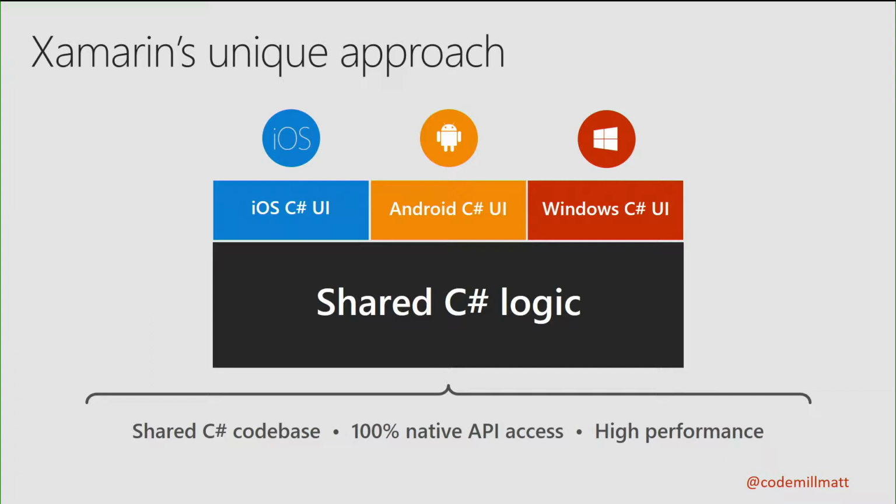Same thing over on Android and Windows. Not only that, it's a shared C# code base. The logic behind all those, things like when we're calling out to a database or a REST service, are all done in one code base, and they can be shared across all 3 platforms. And you get a native high-performance app at the end of the day as well.